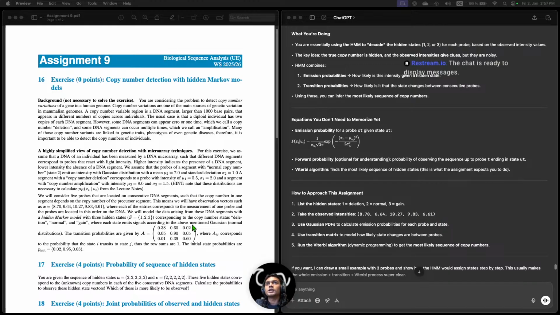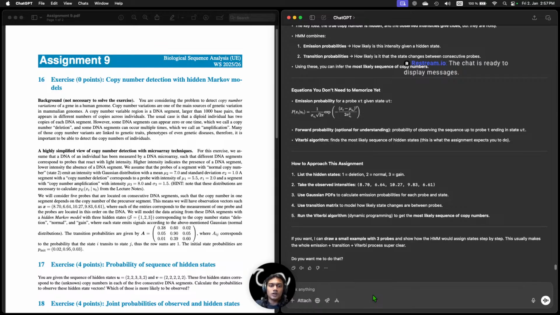Take the observed intensities. Okay. Looks like I didn't get a lot of it.